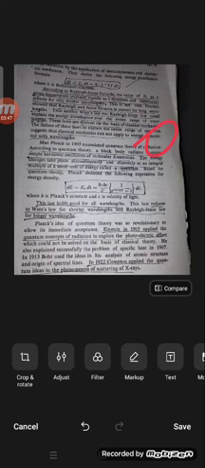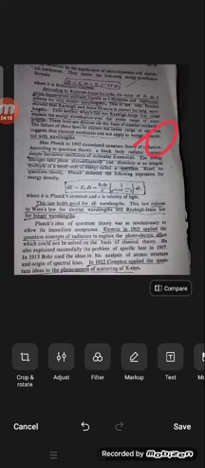If you compare it with the other laws, Rayleigh-Jeans law is applicable only for longer wavelengths and fails for shorter wavelengths. Wien's law is valid only for shorter wavelengths and fails for longer wavelengths. But Planck's law is applicable to all wavelengths, whether short range or longer range.